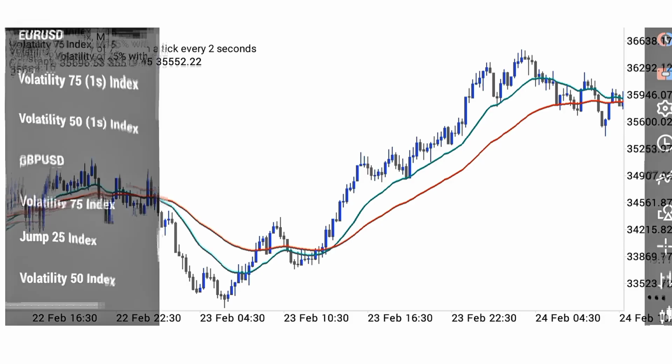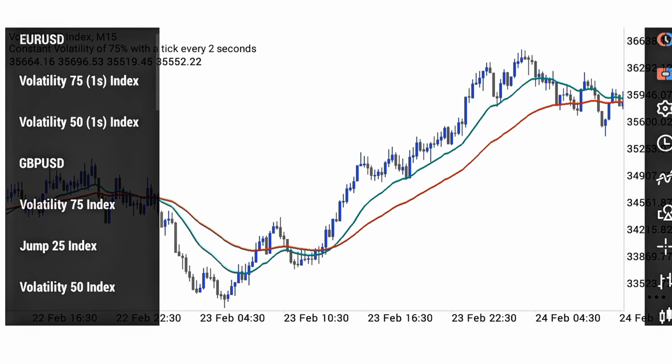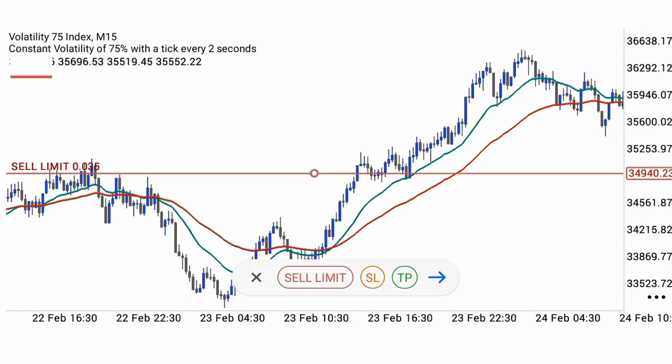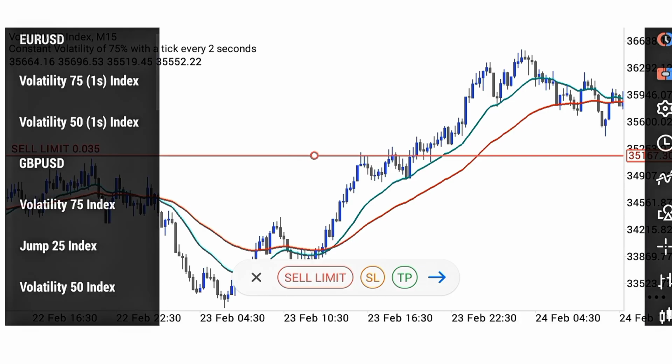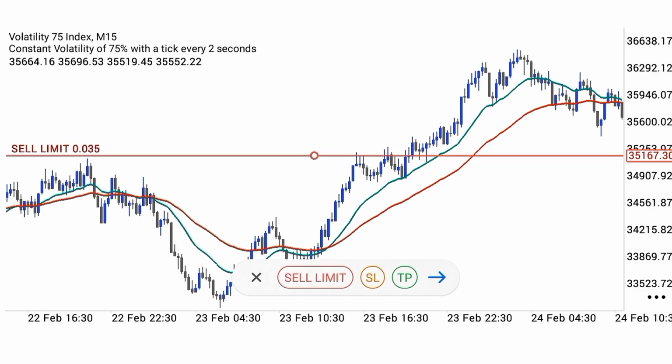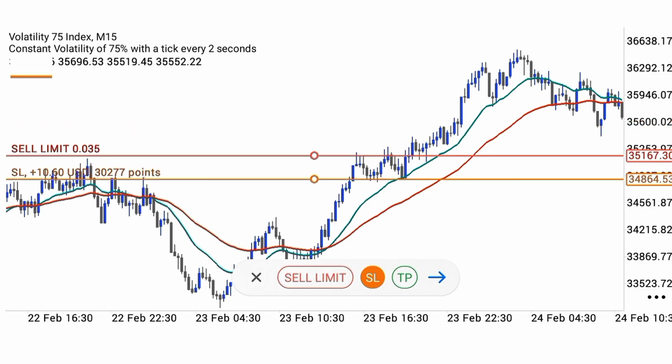So let's say we want to take this trade now. What do we do? Like I usually tell you guys, the first thing I do is understand my risk for the trade, and I do it very fast. There's no time. The market can leave you, so you have to be very fast when doing this.